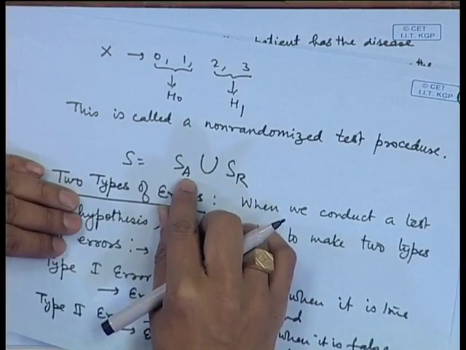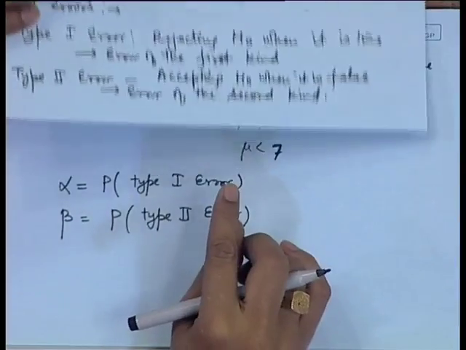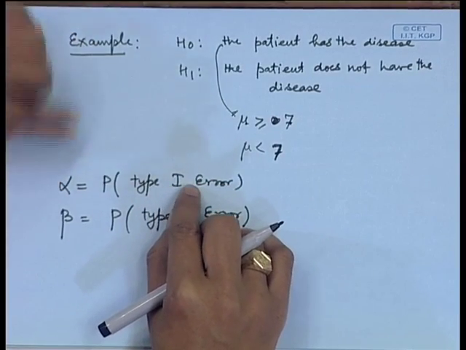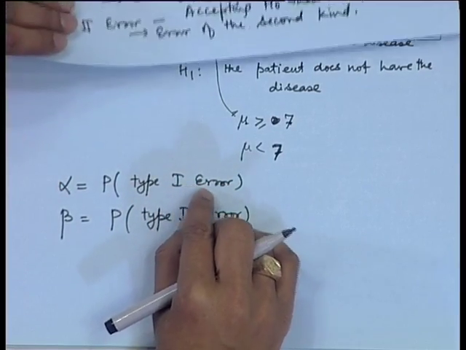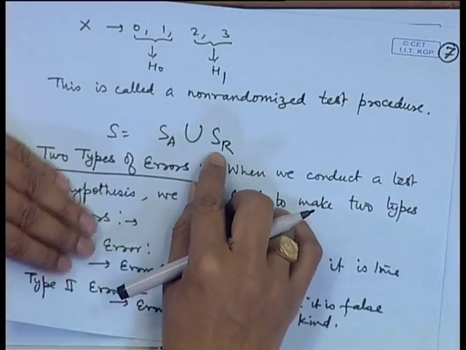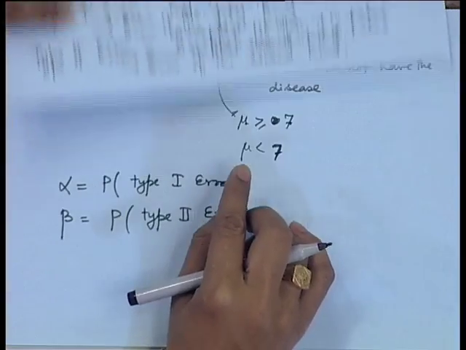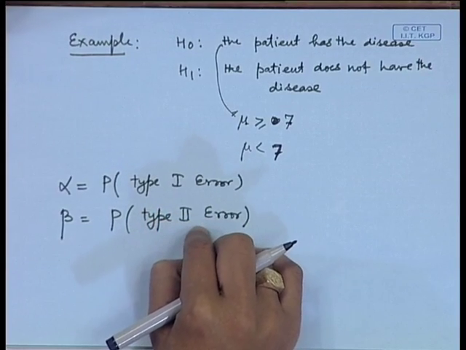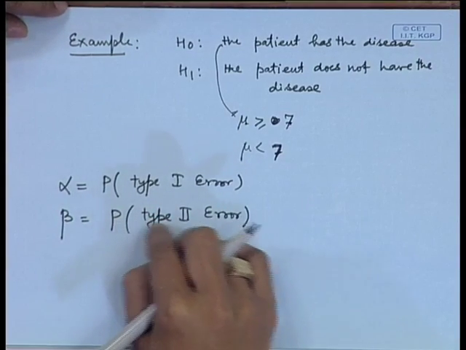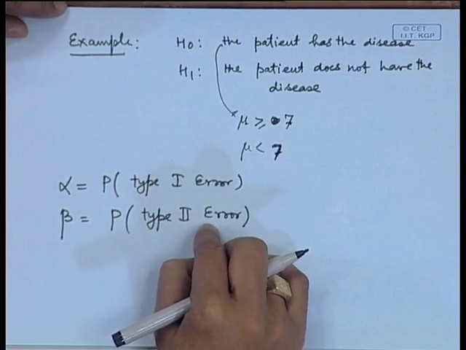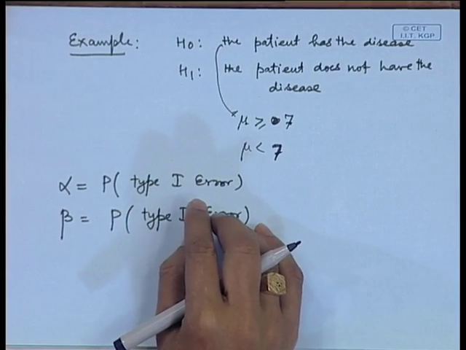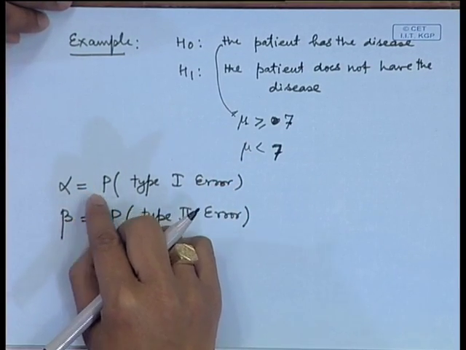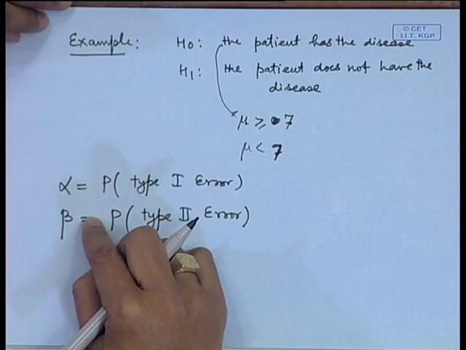Therefore, if we increase one, the other one is decreased. So, for example, if we want to reduce the type 1 error, a possible scenario is to reduce the size of the rejection region, but if you reduce the size of the rejection region, the size of the acceptance region will increase, and consequently the probability of type 2 error may increase. Therefore, statistically speaking, it is not possible to minimize both alpha and beta simultaneously.